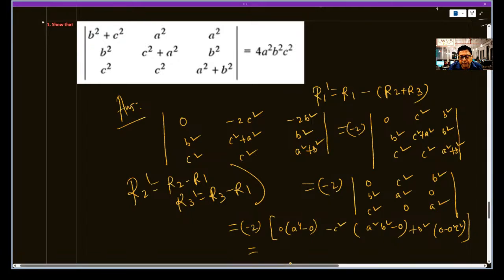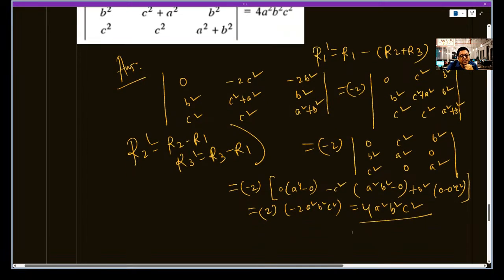So this is going to be minus 2 into... clear? It has become 4 A square B square C square. Okay? That is the right hand side.